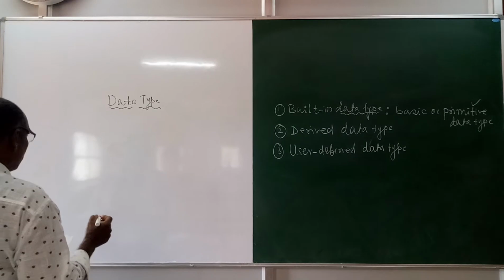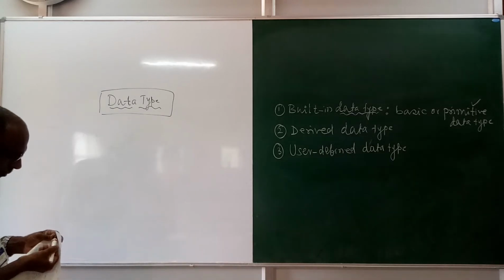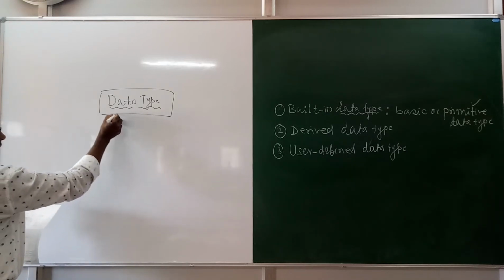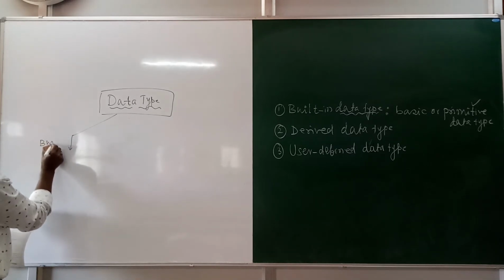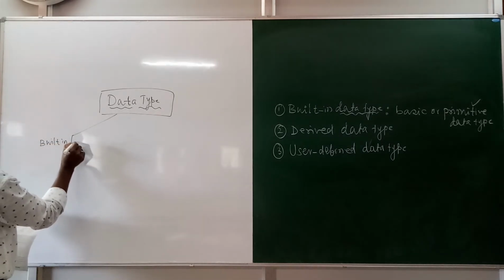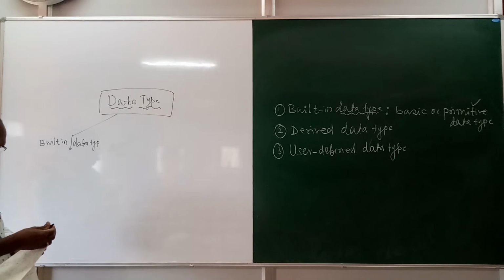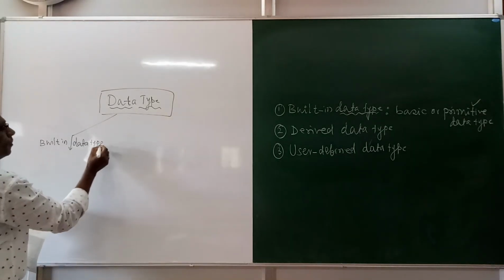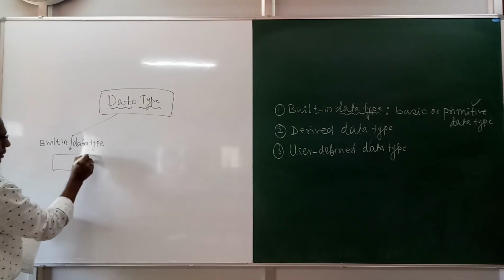So here I write, okay, data type. And built-in data type, I'll take this and write it here. This is also called as primitive.